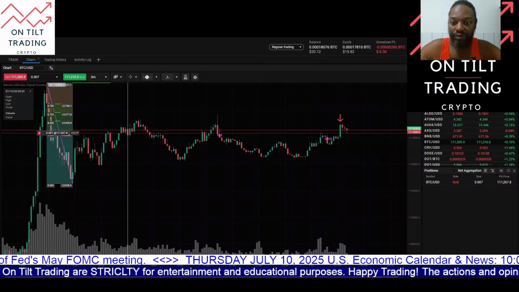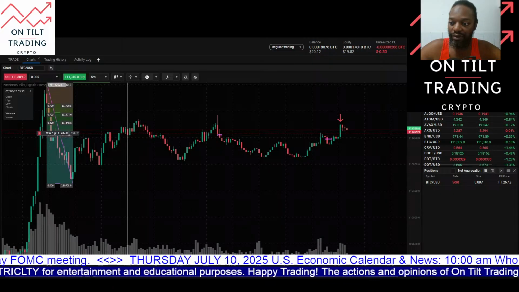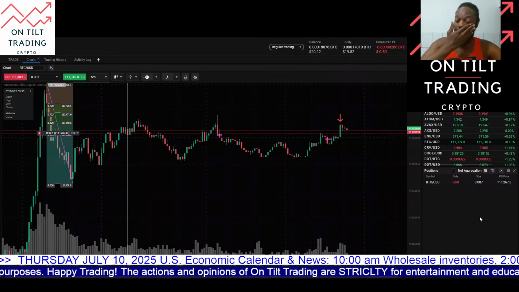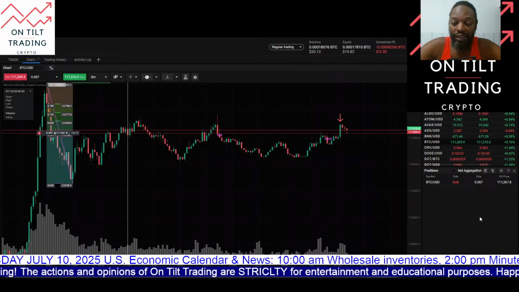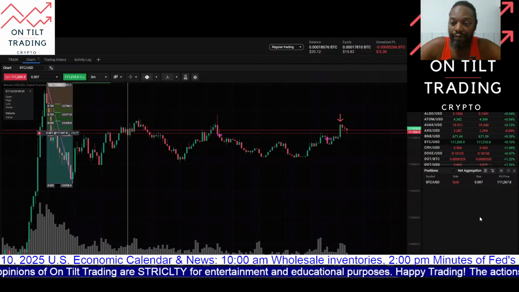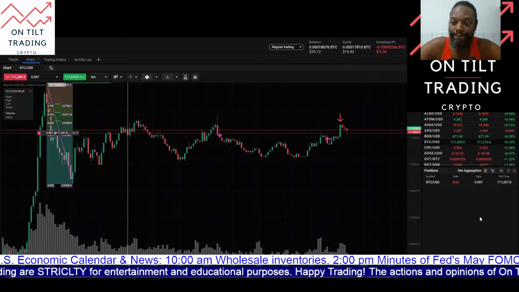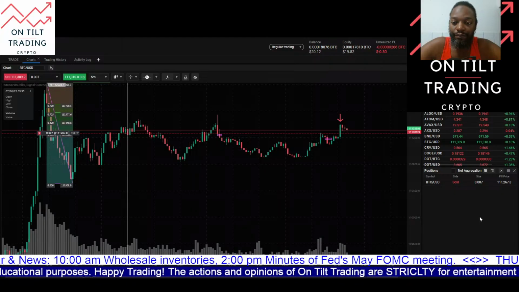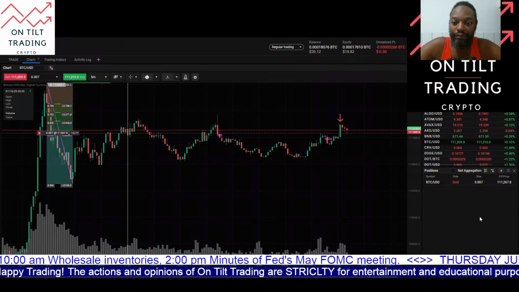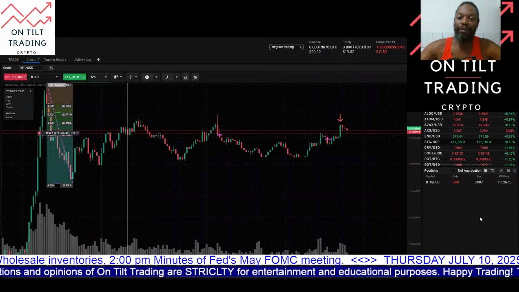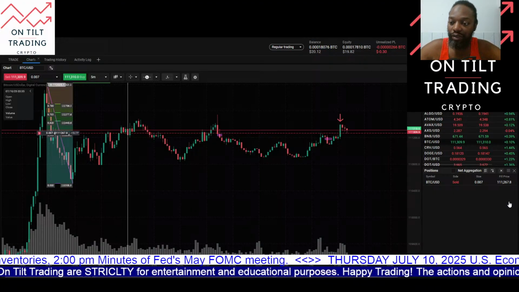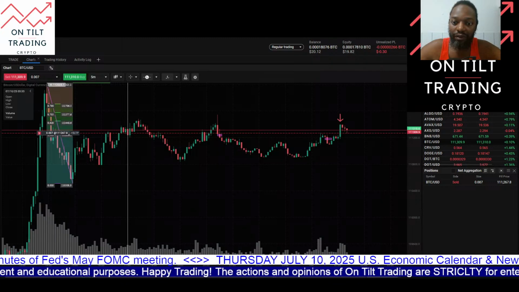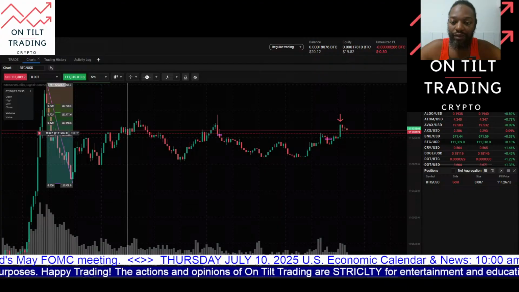This would be ideal, as price is still consolidating near the 111,300 level. So price putting in lower highs and lower lows currently.